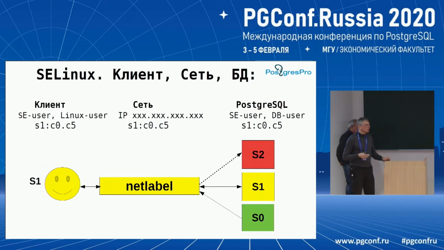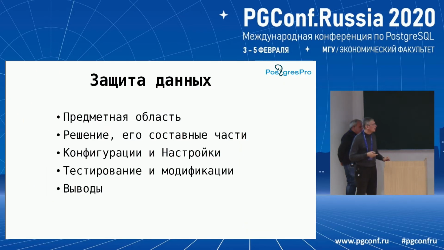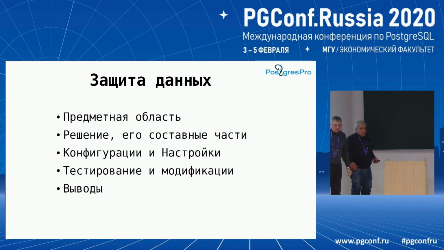So, it's quite similar to the way we map a user of operating system on SELinux user to get mandatory access control rights. And a user that comes to the database gets specific roles inside these DBMS. And now I'd like to give the floor to my colleague Nikolay.